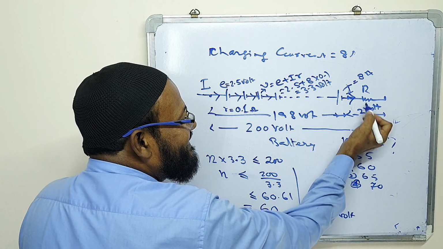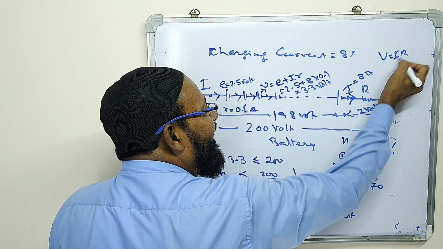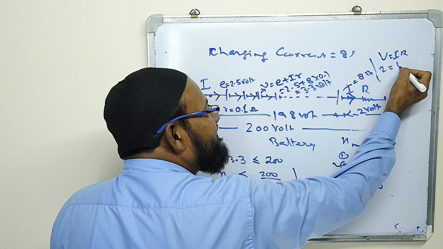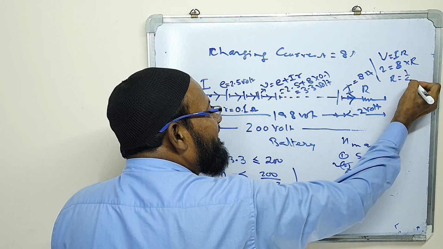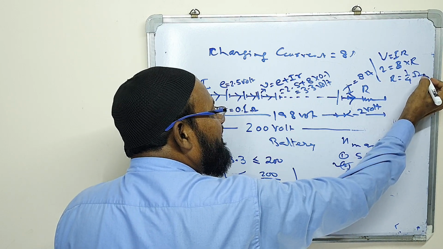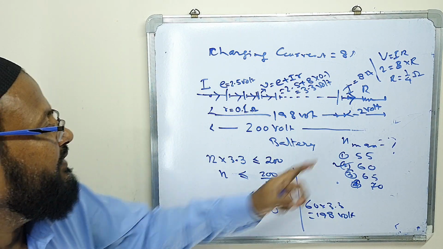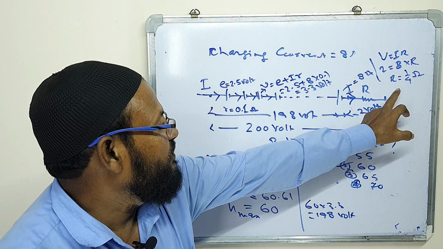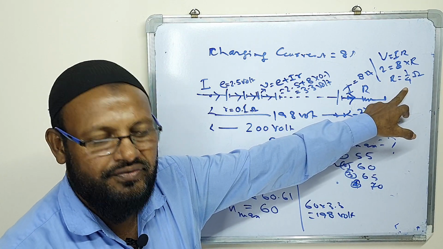V equals IR, where V is 2, I is 8, and this is R. So R equals 2 by 8, which is 1 by 4 ohm, that is 0.25 ohm. Which is the answer? 1 by 4.